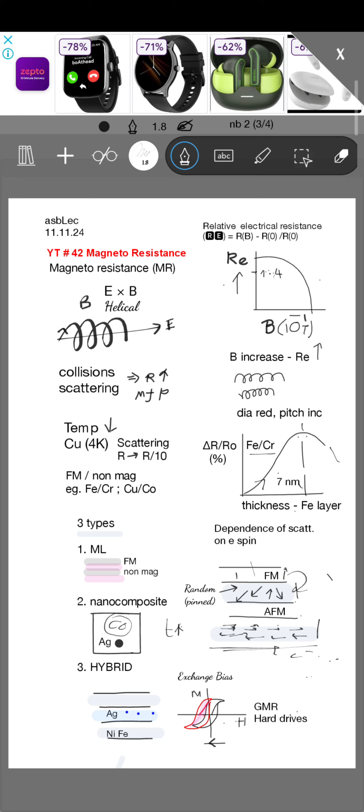However, on continuing to increase the thickness, the effect of the lower antiferromagnetic spin orientations becomes more dominant, and that is why the relative resistance starts to decrease. A very common example of giant magnetic resistance is in data storage systems, that is, the hard drives associated with the computer or PC.